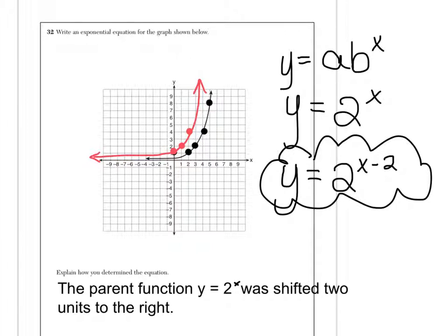Now, if you had done this question on your calculator, you actually would not have gotten this equation, you would have gotten y is equal to 0.25 times 2 to the x power, which is also correct. But your explanation would have said something like, I used my calculator and found an exponential regression, and my calculator told me that this was the equation.